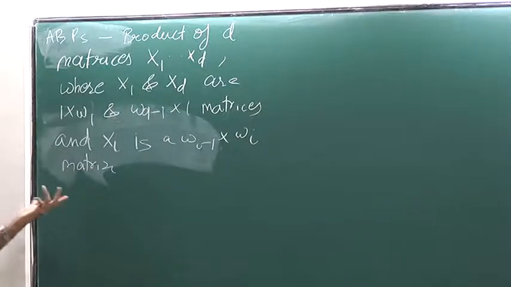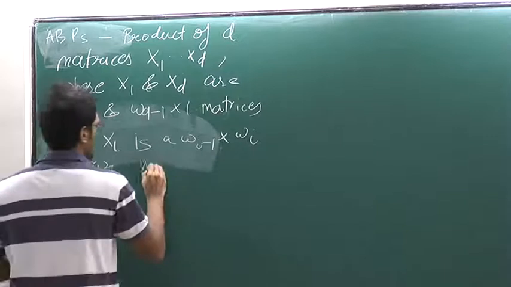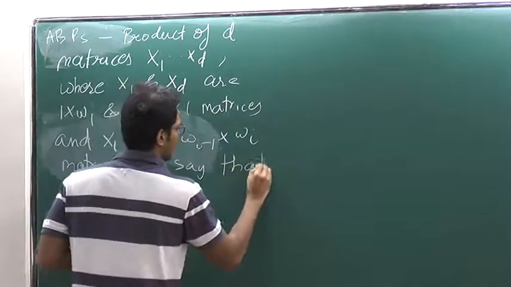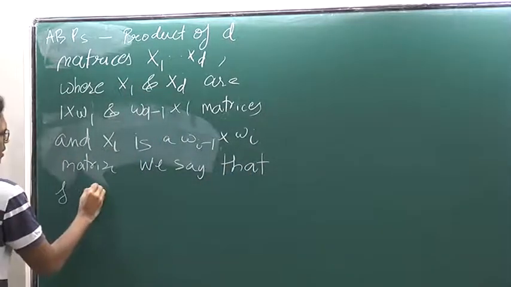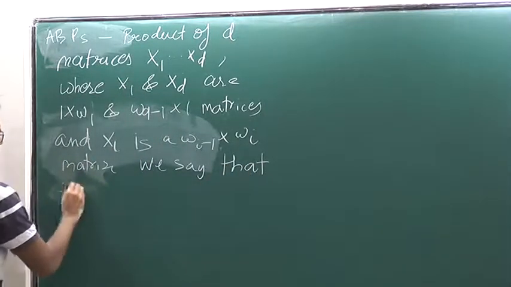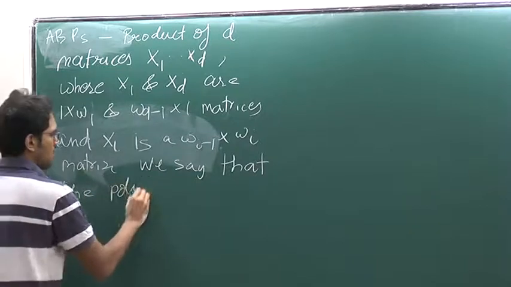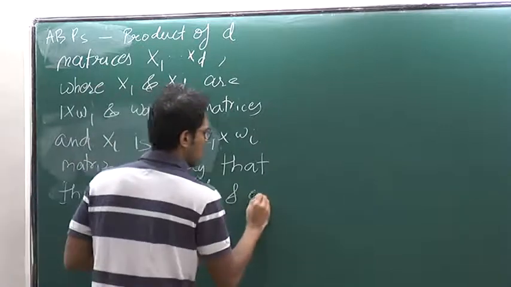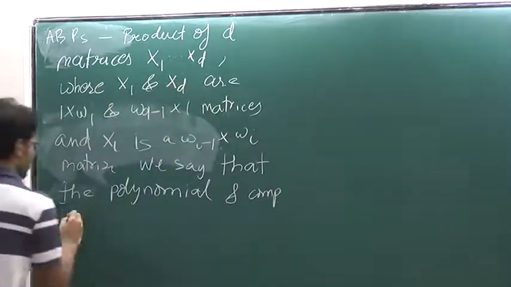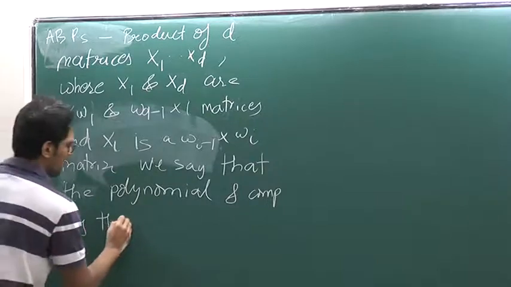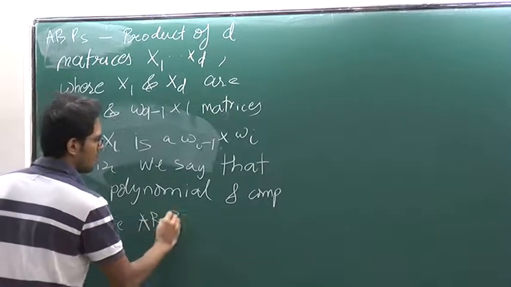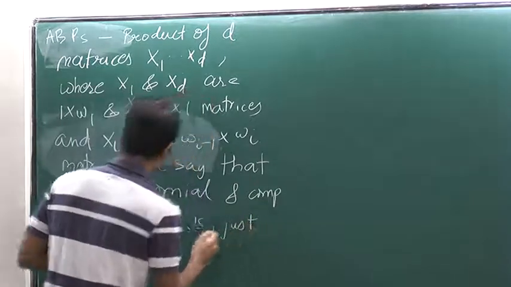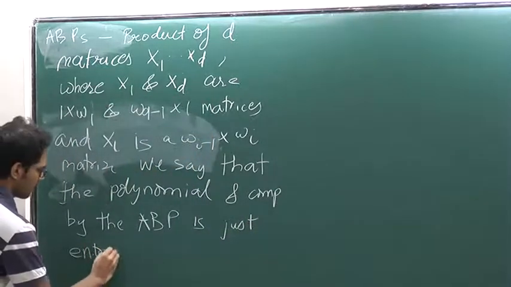We say that the polynomial f computed by the ABP is just the entry in the 1 cross 1 matrix.